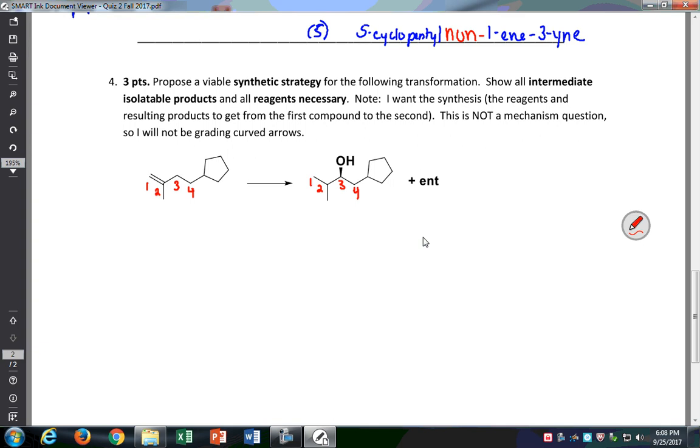So what I see is I had a pi bond between carbons 1 and 2, and now I don't have a pi bond anywhere, but I have functionality on carbon 3, specifically an alcohol. Well, to get functionality on carbon 3, I have to get functionality towards carbon 3, because right now carbon 3 just has 2 hydrogens on it, doesn't have a partial charge. It's not an electrophile.